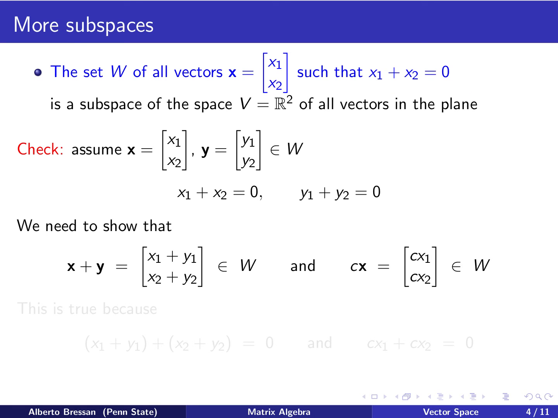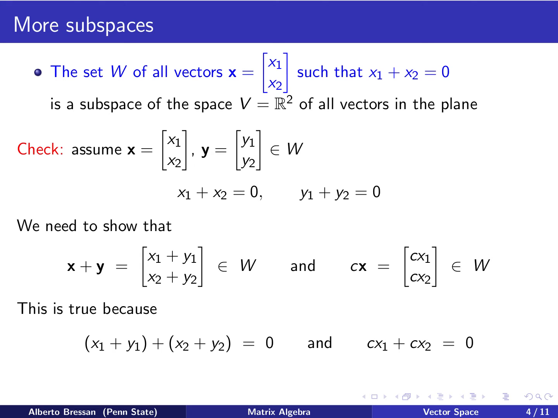So we need to show two things to check that W is a vector space. That is, if I add up two elements, it's still in W, and if I take a scalar multiple of an element, it's still in W. Now let's verify each of these conditions.